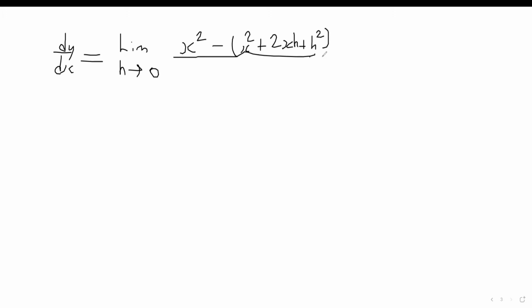Nice. And so this is now over x squared times h times (x plus h) all squared. All right, cool. Now simplifying this, we're close to finding dy by dx. We're almost there.